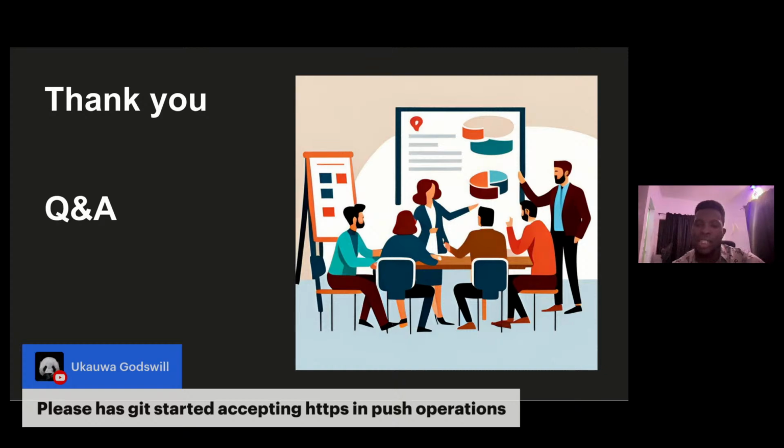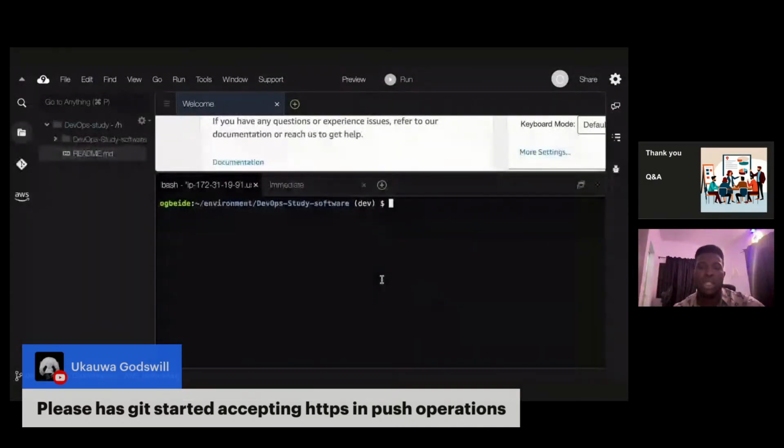Has Git started accepting HTTPS in push operations? This question is not clear. But if you mean, like you saw, we used HTTPS push. When we cloned the repo, it was HTTPS.